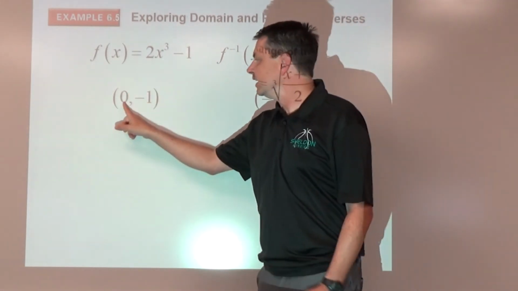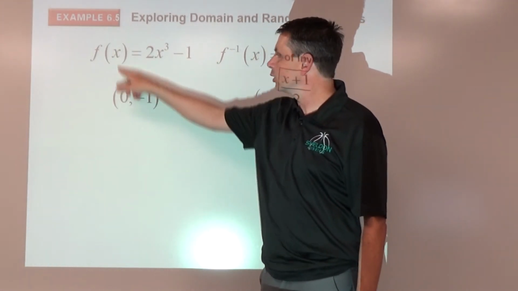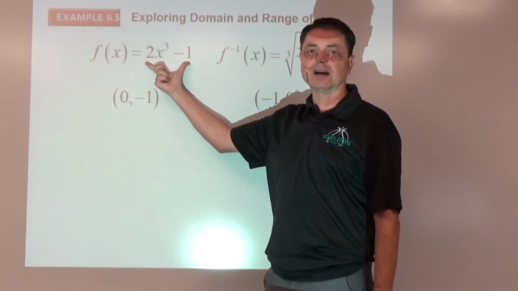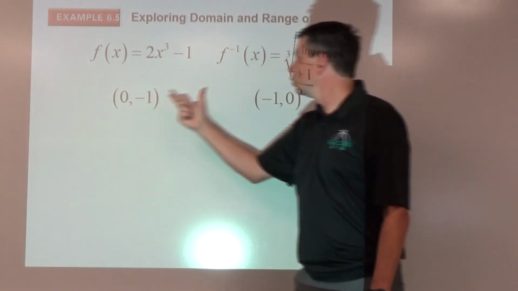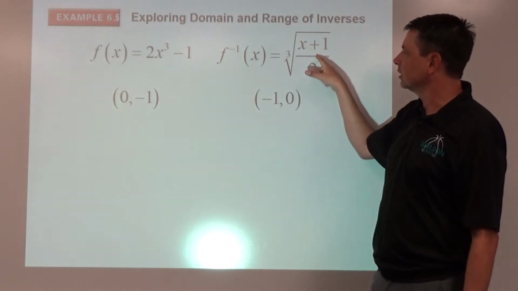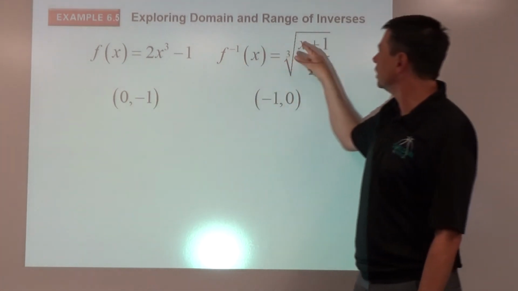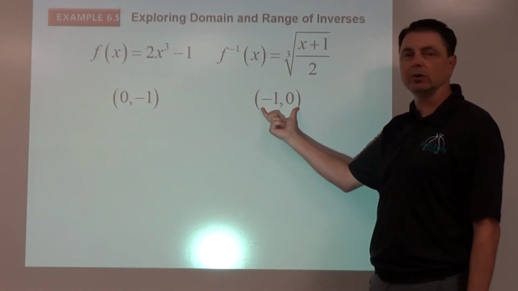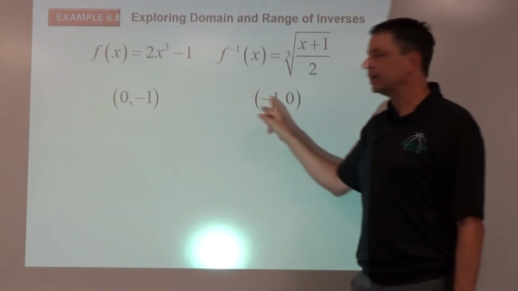For example, if we had the point 0 and plugged in a 0, you'd get -1. This point is on this graph. Well, when we go over to here, if we input the -1, we get 0. So -1 comma 0 is a point. Do we see the connection?